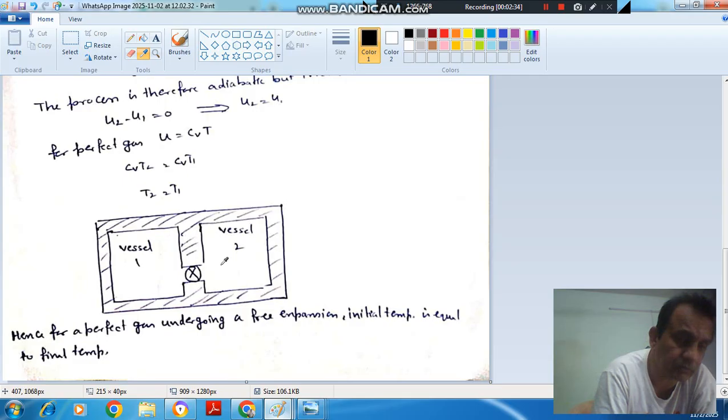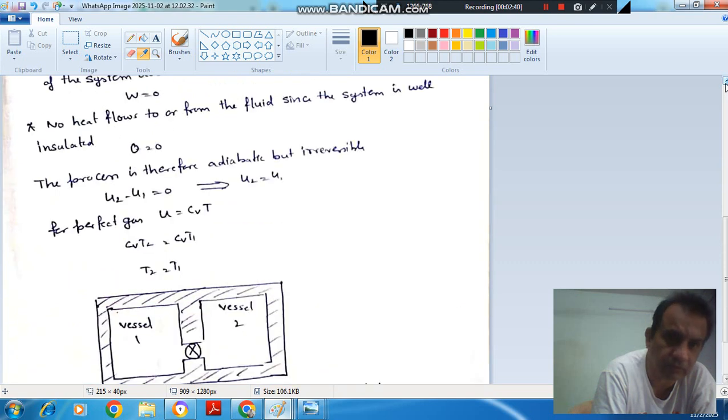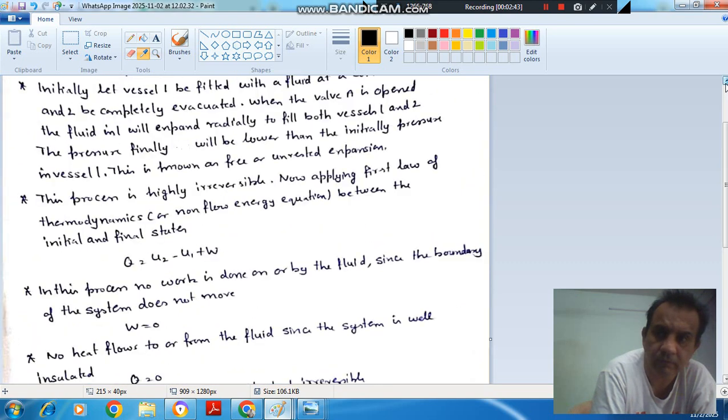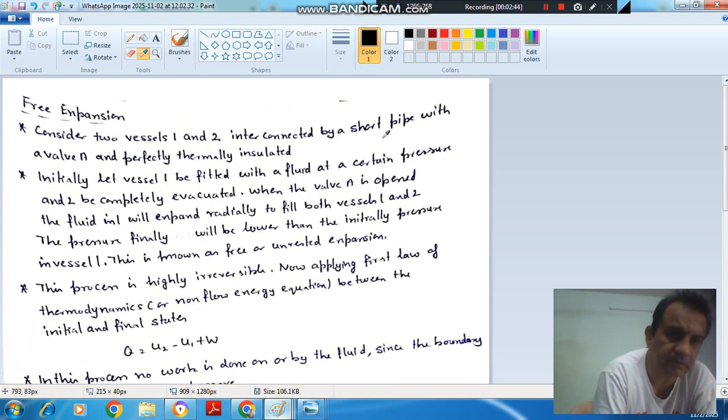free expansion. So reading out the free expansion, first point: consider two vessels 1 and 2 interconnected by a short pipe with a valve A and perfectly thermally insulated. So this is your valve A and this is perfectly thermally insulated. It means no heat is rejected, no heat is received.